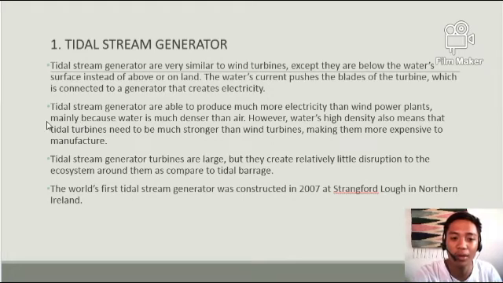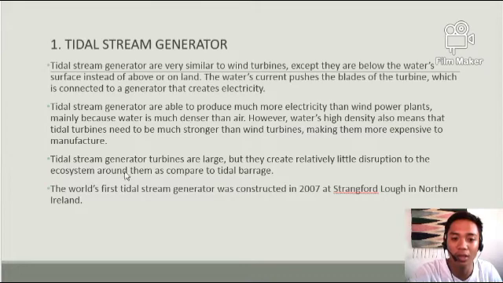But however, this is more expensive or costly, mas mahal to manufacture, kasi we need stronger turbines. Unlike wind turbines, kasi humahangin lang, mas magaan. So dito naman, if wind turbines lang yung gagamitin natin dito sa tidal stream generator, masisira lang. So we need it stronger than the wind turbines.